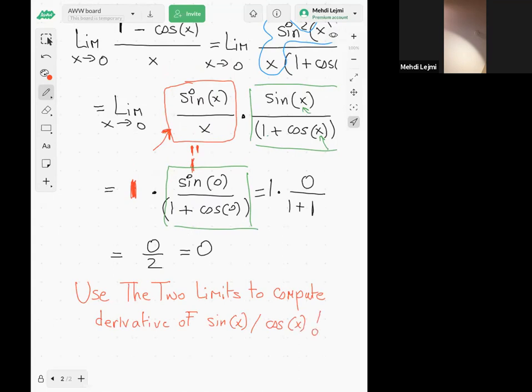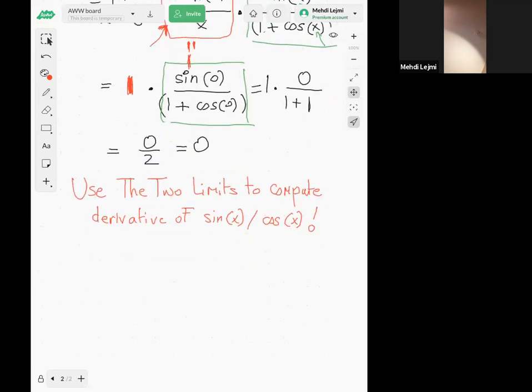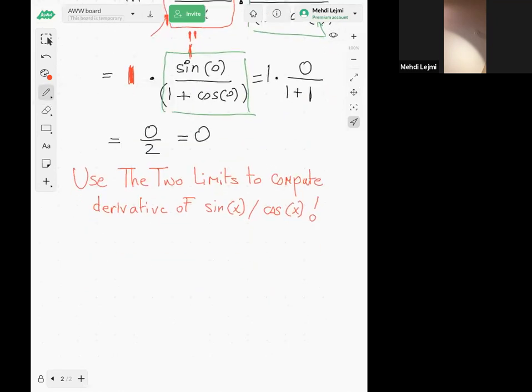And so let me now show you how to compute the derivative of trig functions. Let's start with sine. So the derivative of sine of x.